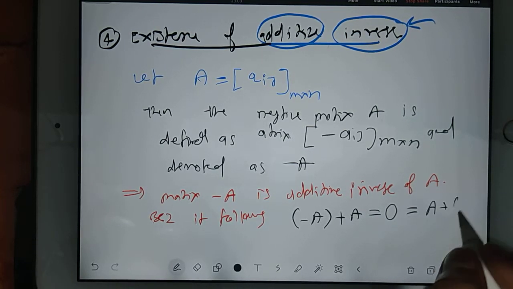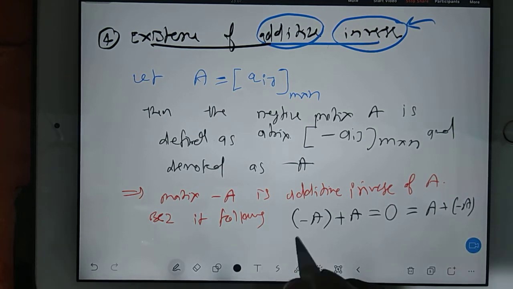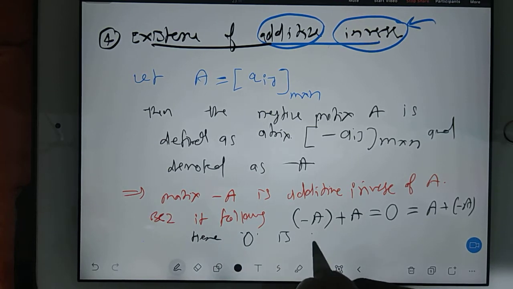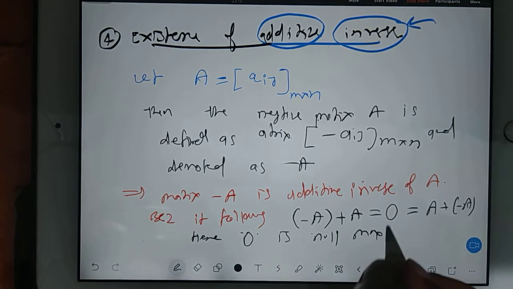So A plus minus A equals O, and make sure that this O is the null matrix.